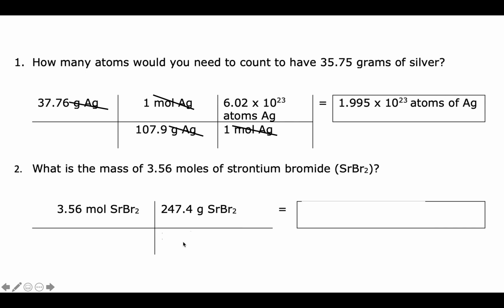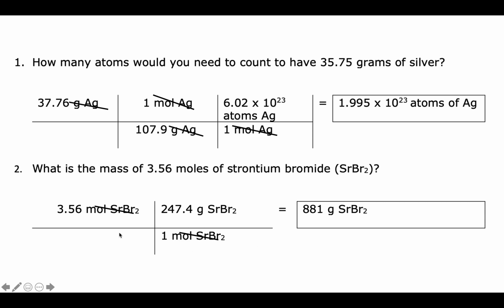Okay. So we have grams on the top, moles on the bottom, and now we can cancel the moles and then multiply across and come up with the answer: 881 grams of strontium bromide.